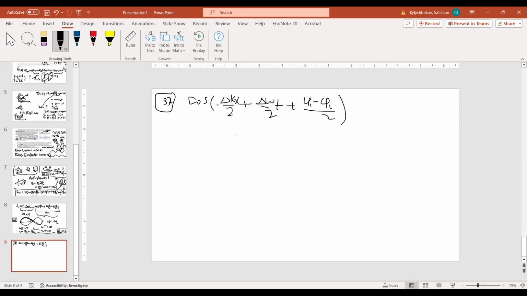It can be any value, but from the initial conditions we can figure out, so it's not a big problem. Biz L'di табышыбыз керек. L это what? This is full cycle. L is this, right? Lambda over 2 is equal to L, да? Пакет. Мол, пакет, да.